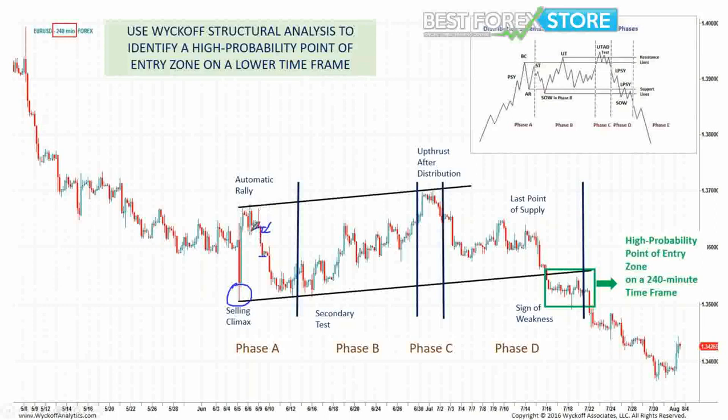But we know that if this is a climactic action, and this definitely acts as a change of character, automatic rally, then at some point we're going to have some kind of reversal. So in effect, we're just waiting for that reversal in some kind of congestion area, right? So here is the congestion, and here we would be looking for the signs of the reversal or the signs of inability to commit to the upside. So here is your inability to commit to the upside.